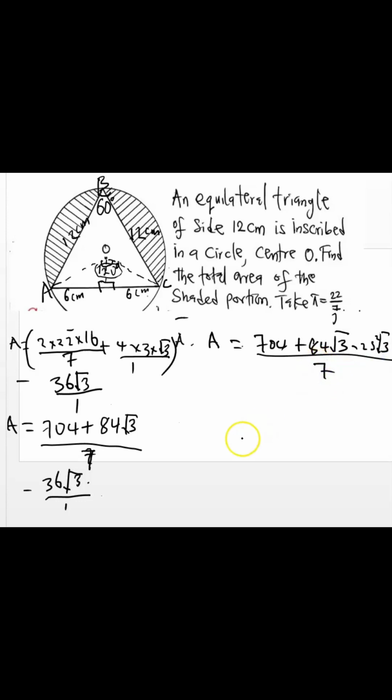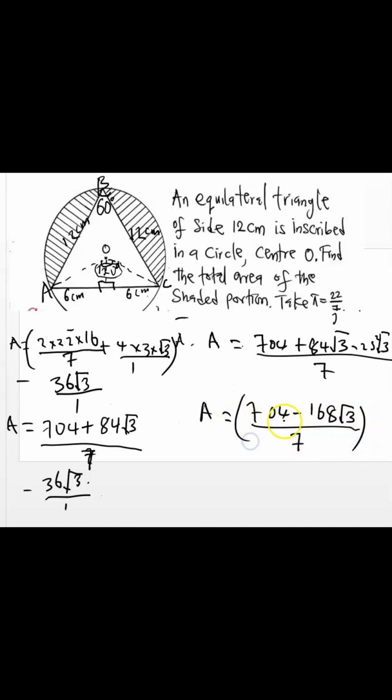We are simply trying to simplify this, so the area is going to be 704 minus 168 root 3 divided by 7.